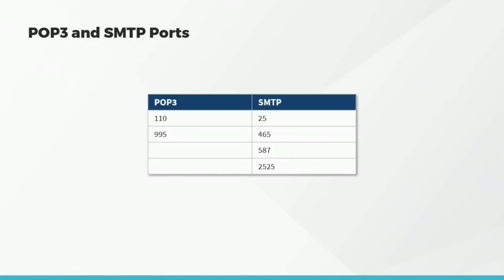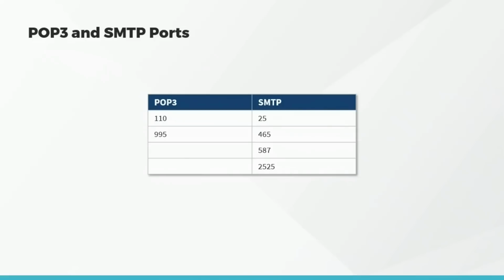Now, as mentioned earlier, POP3 does require authentication in the form of a username and password, but messages are not transferred using any kind of encryption. But POP3 can be secured using either TLS or SSL, just like HTTP can, in which case secured POP3 uses port 995.